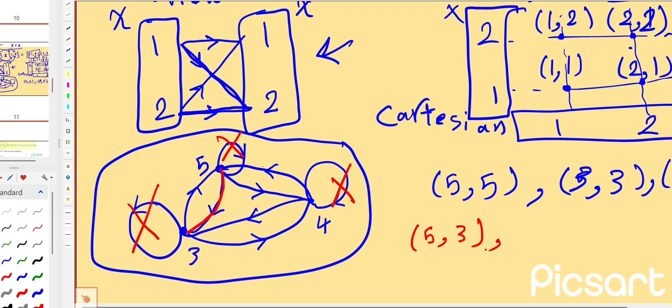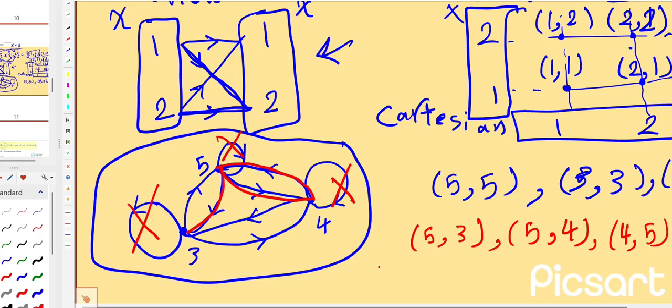We have finished this. Yes, continue. 5 and 4. Where is it? 5 and 4. Yes, keep going. 4 and 5. Where is it? 4 and 5.